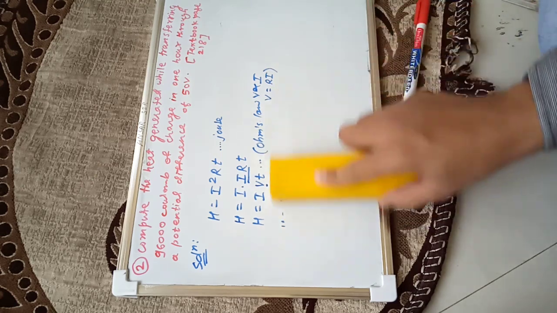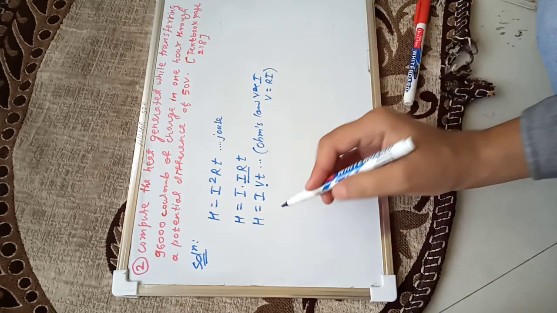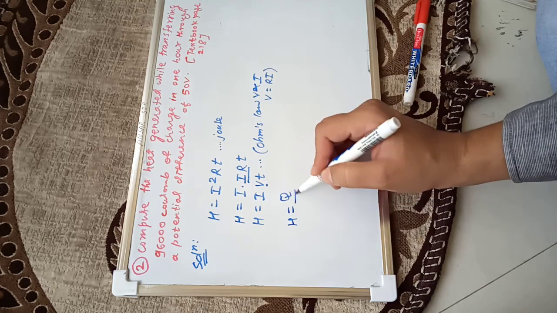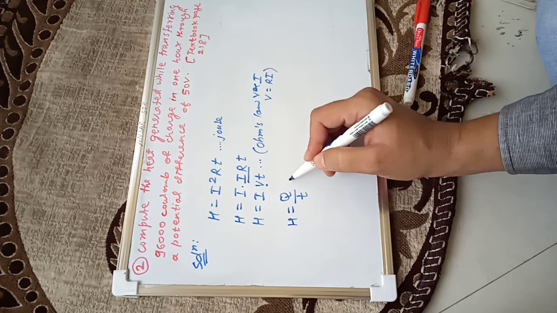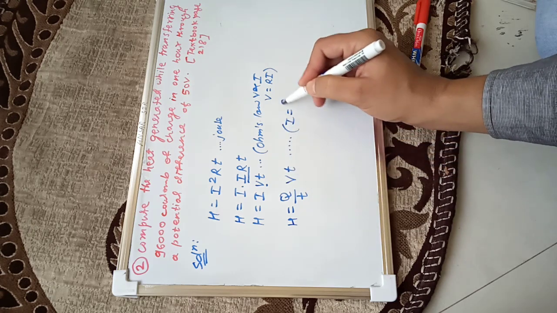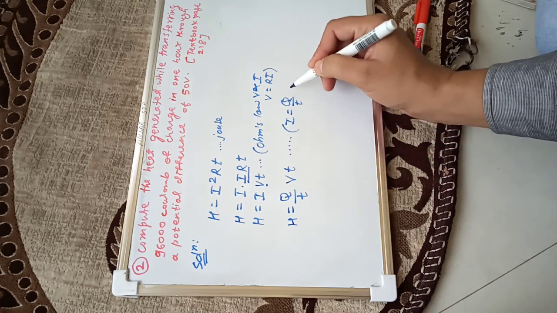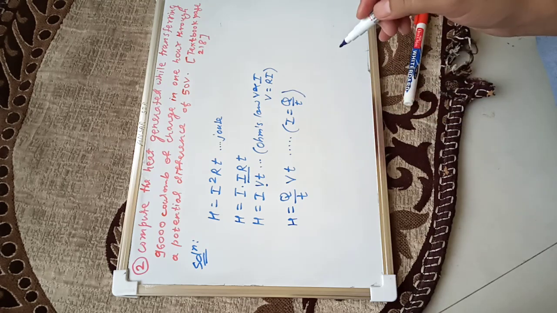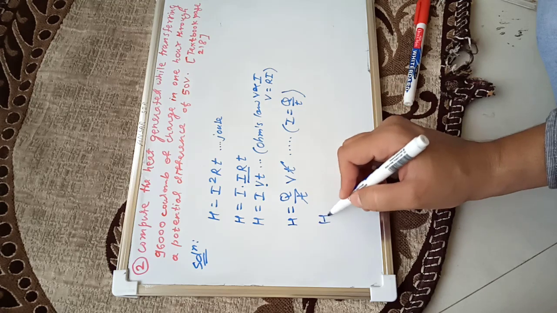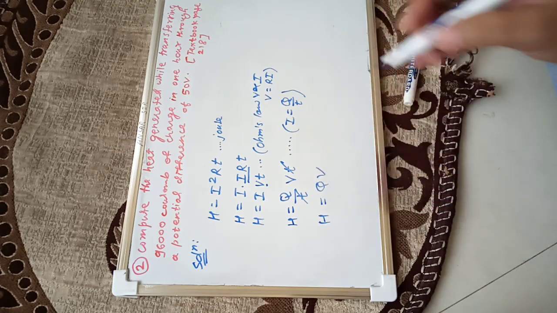Let us try to make it even simpler. We can write H is equal to, instead of electric current, we can write charge upon time into V into T. Because what is the definition of electric current? Electric current is charge upon time, rate of flow of charge per unit time. So this time will get cancelled. So H is equal to Q into V.